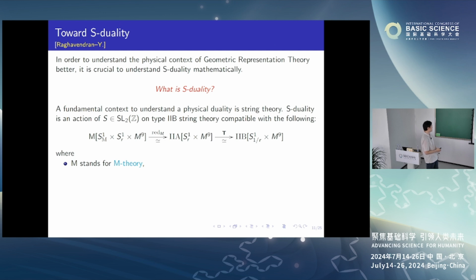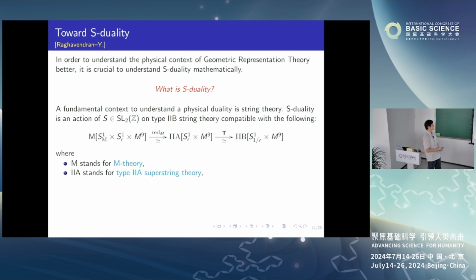So you think of M theory on circle times a 9-manifold. You may have heard that M theory is an 11-dimensional theory. That checks out here: 1 plus 1 plus 9. And this 2A is what is called type 2A string theory.